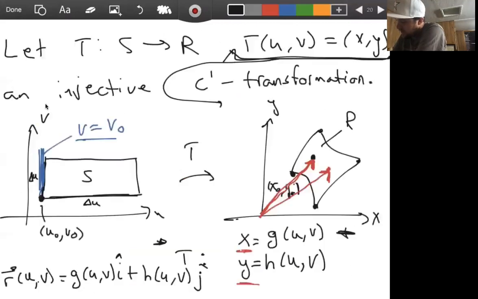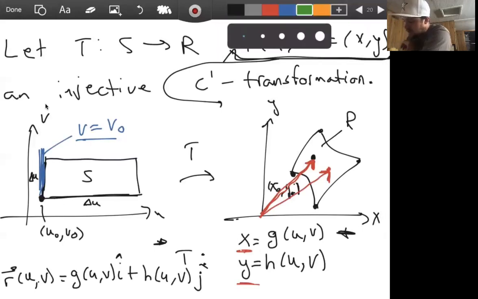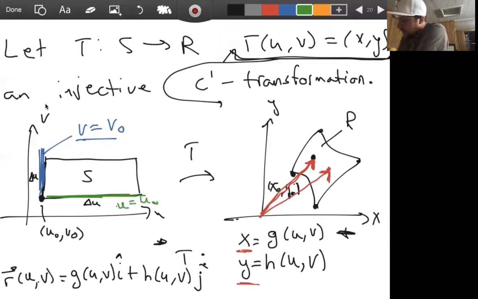Okay, so here we're looking at u equals u naught, right? These give us curves with tangent vectors. So you could see something here that looks like this, and then something that looks like this, for the tangent vectors of the image curves, right?